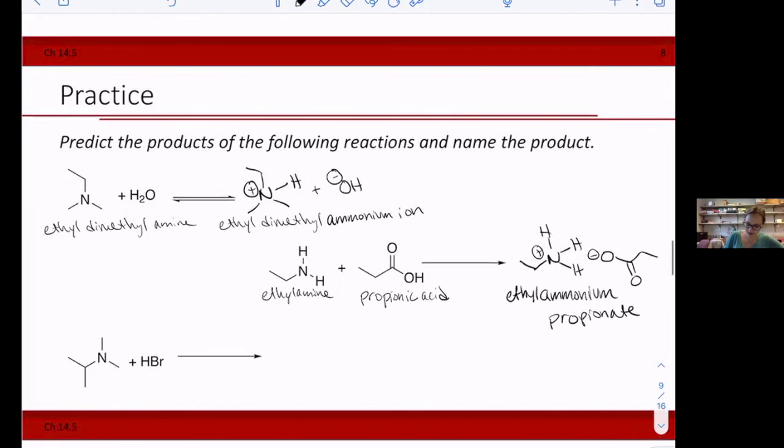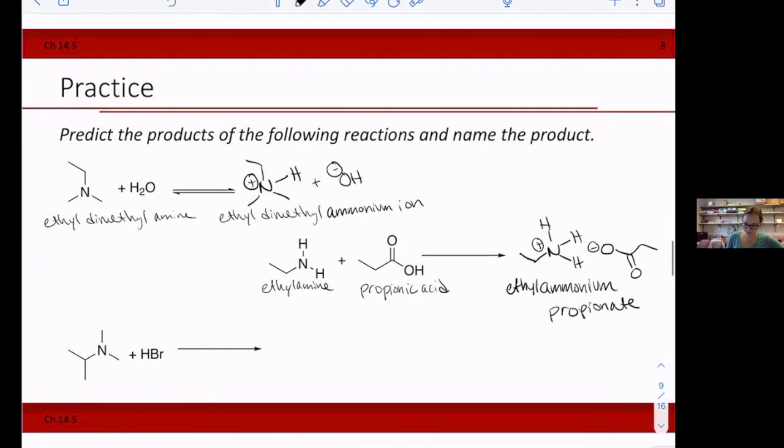Okay, and then continuing on to this last one. We have isopropyl dimethyl, so I think methyl comes first, so dimethyl isopropyl amine, interacting with HBr, hydrobromic acid. Okay, so again, we're going to steal that hydrogen away.